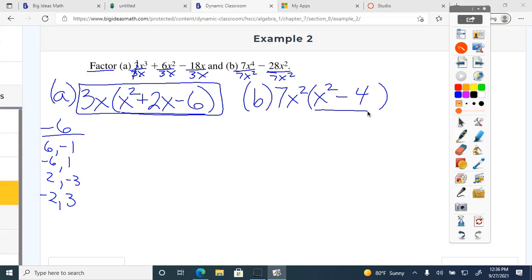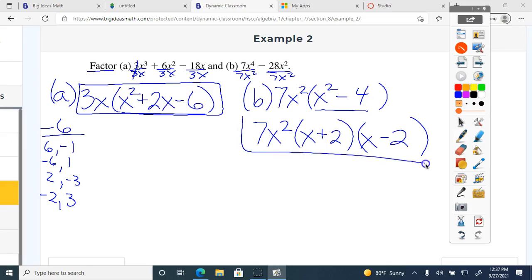It's the difference of two perfect squares. So 7x squared, that will be x and x. What's the square root of 4? 2. So we put plus 2 and minus 2. Remember we did these on Friday: they have to multiply to be negative 4, and since we don't have an x in the middle, they have to add up to 0. 2 minus 2 is 0. 2 times negative 2 is negative 4. So this one we could factor more after we factored out the greatest common factor.